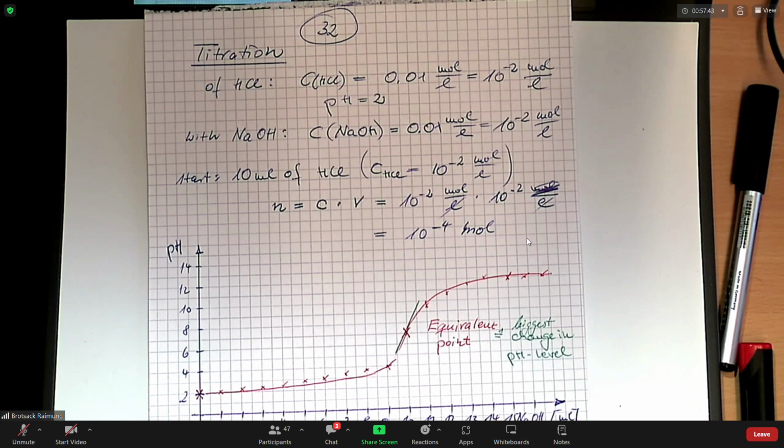And in nature, it is even more difficult. Maybe you heard about a buffer. What is a buffer? A buffer solution tries to maintain the pH. Yeah, so for example, our blood is a buffer solution. Yeah, very good.